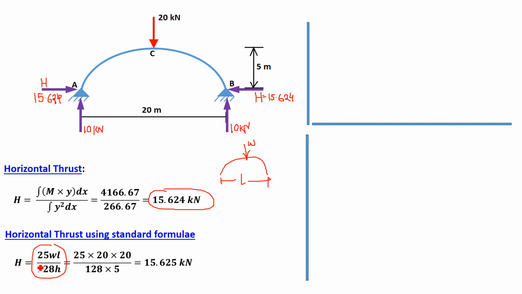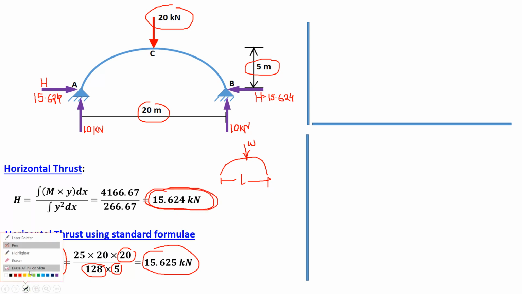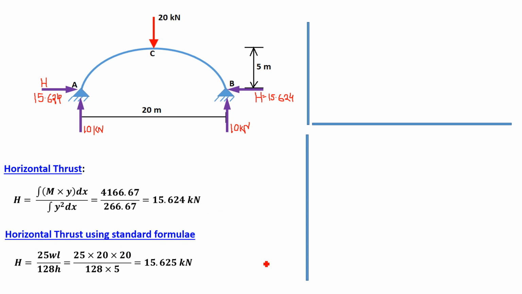So if you put W equal to load, that is 20, L equal to span, that is 20, divided by 128 into H, where H is the vertical rise, central rise, that is 5 meter. If you put all these values and calculate, you will get the answer 15.625. Here we got 15.624. It means our value of horizontal thrust is correct.